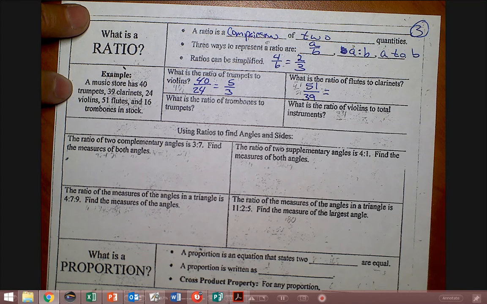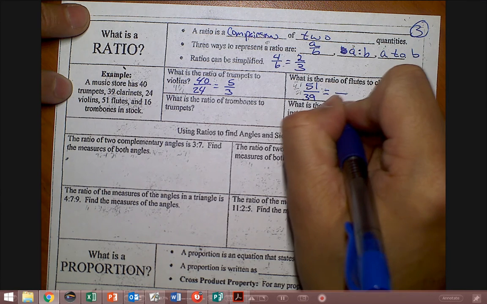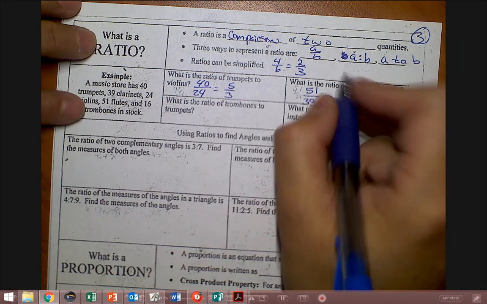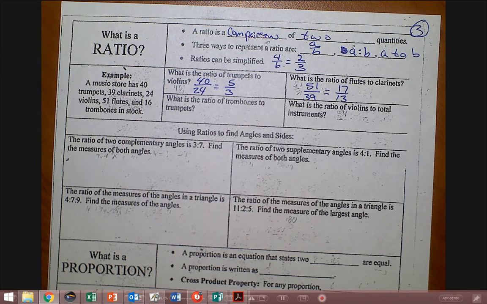The bottom is 13. And the top? 51 divided by 3 is not 6. 17, very good. All right, so I have 17 over 13.